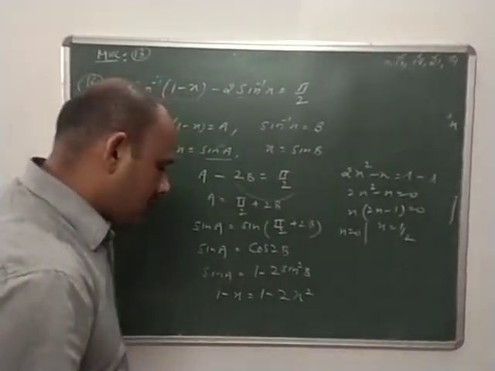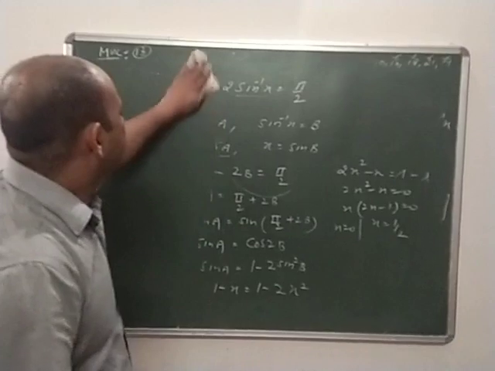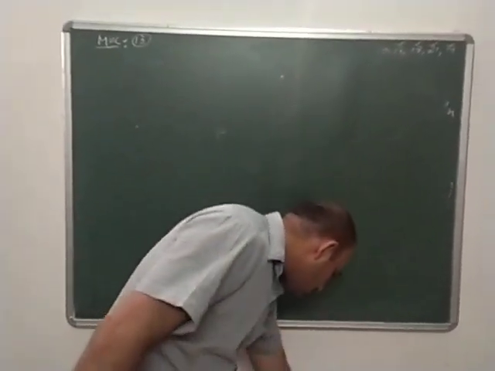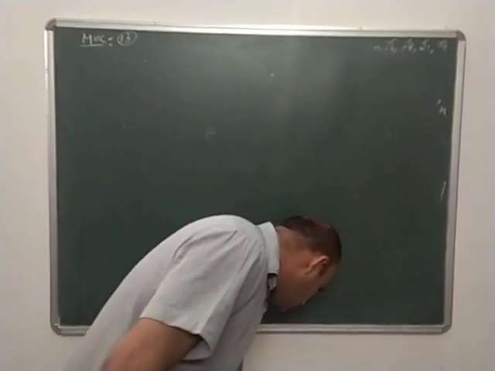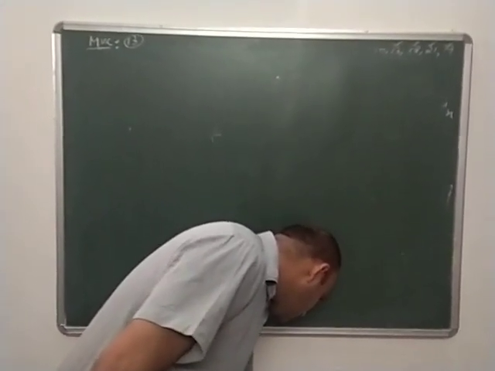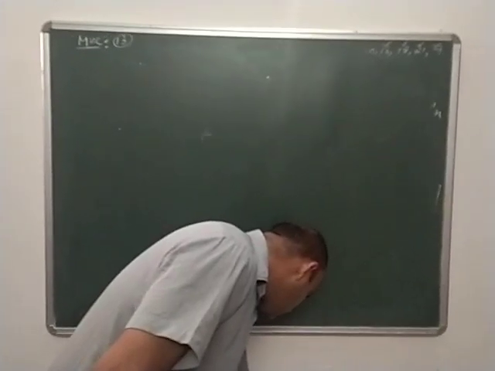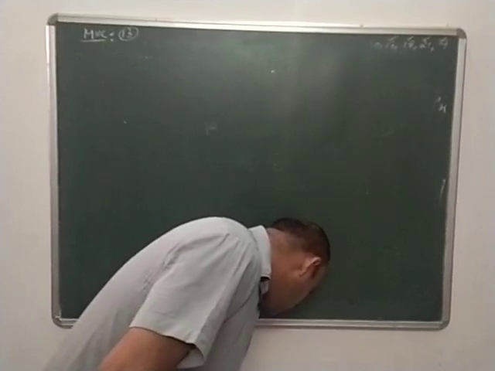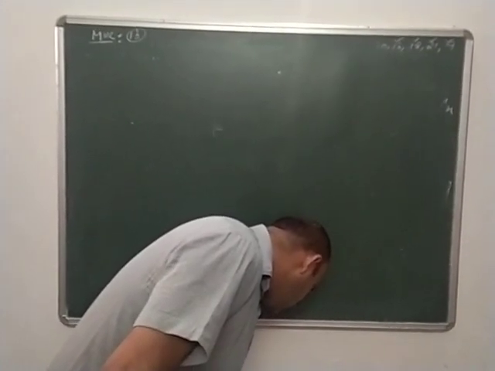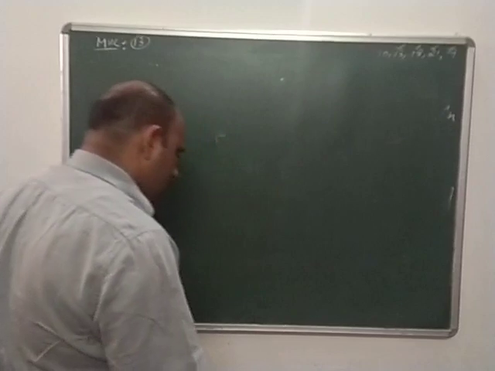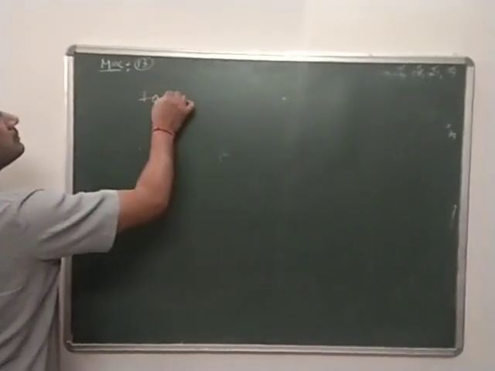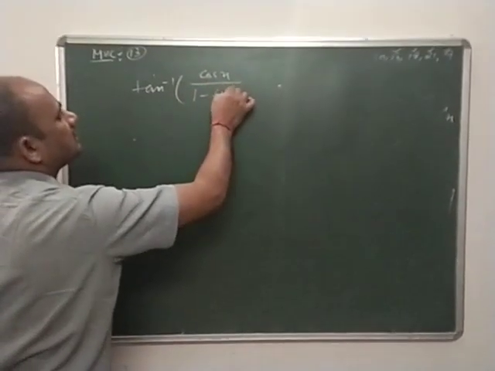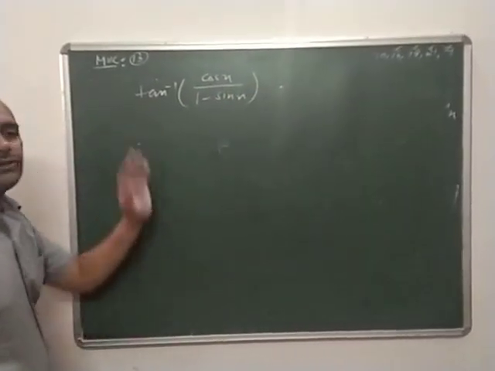Okay. Next problem: tan inverse of cos x upon 1 minus sin x in simplest form.